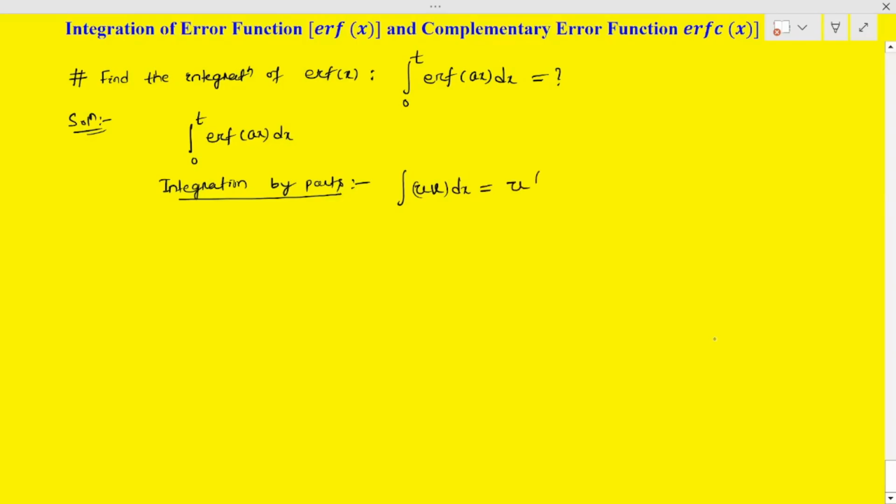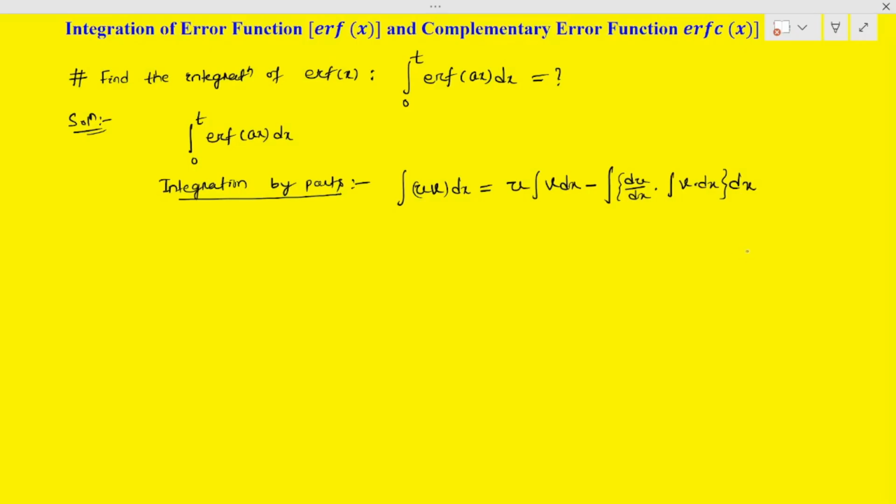First function times integration of second function, then minus integration of the derivative of the first function, du by dx, times the integration of the second function, that means the integral of v, and then the whole integration. This is the procedure of integration by parts.